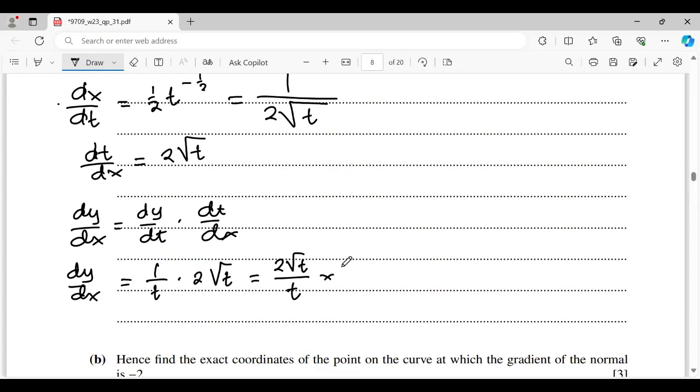And if I multiply by square root t over square root t, it becomes 2t over t square root t, or 2 over square root t.